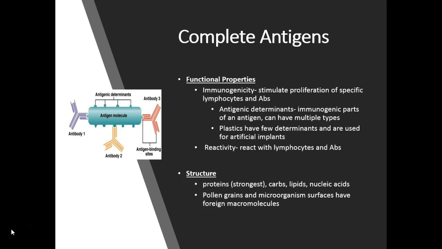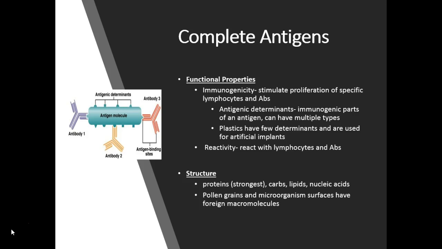So immunogenicity is the ability to generate or provoke an immune response by stimulating the production of specific antibodies, the proliferation of specific T cells, but most commonly both. Remember, antigen means antibody generating.